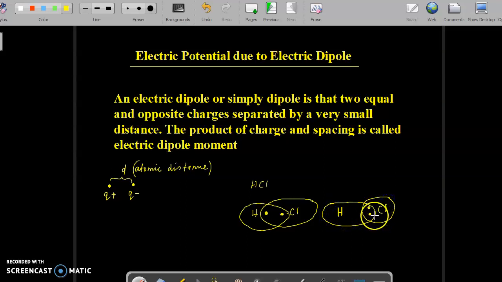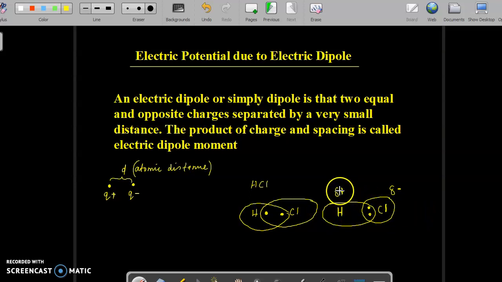That means it is still a covalent bond, but we can see that the chlorine becomes slightly negative because of its very close affinity with the hydrogen's electron. Whereas the hydrogen becomes slightly positive because its outermost electron is shifted towards the chlorine.